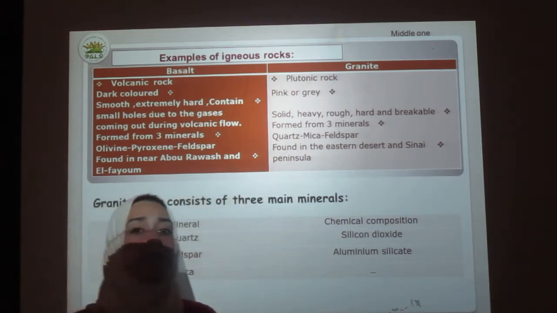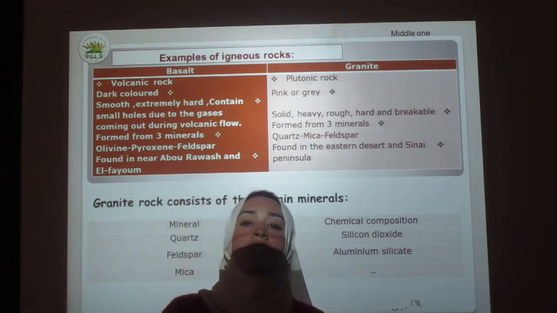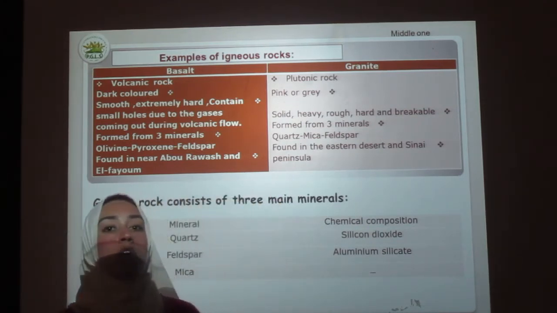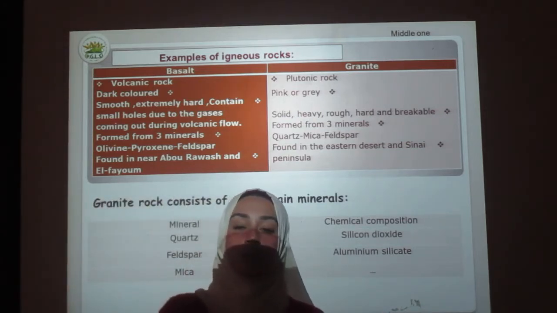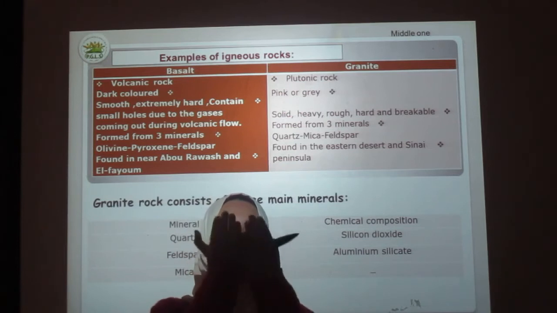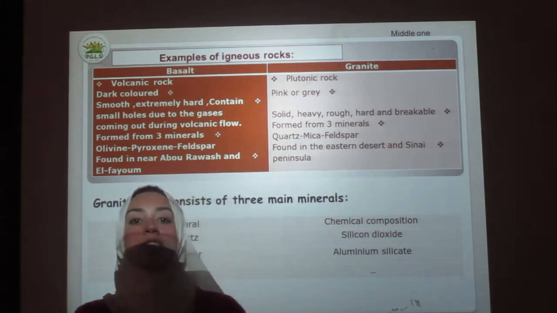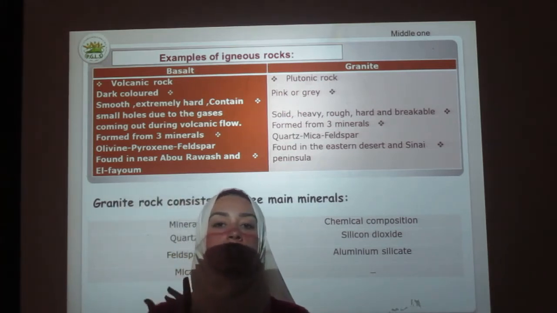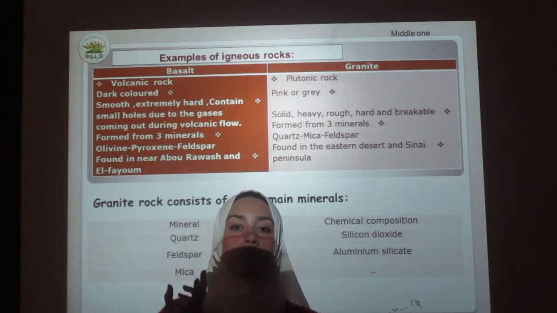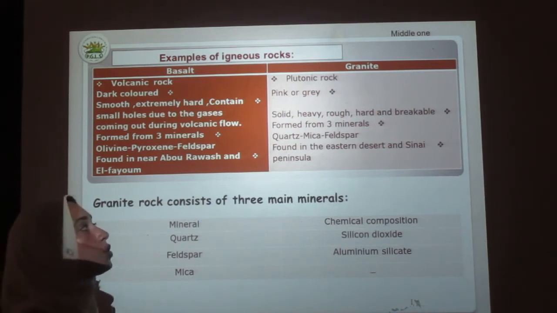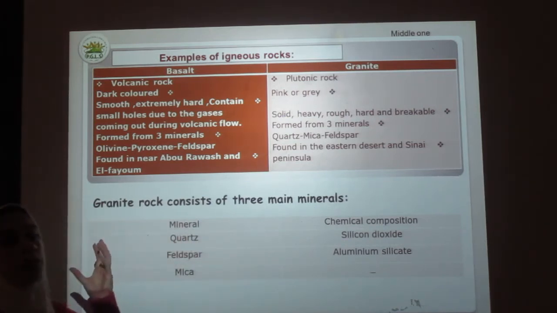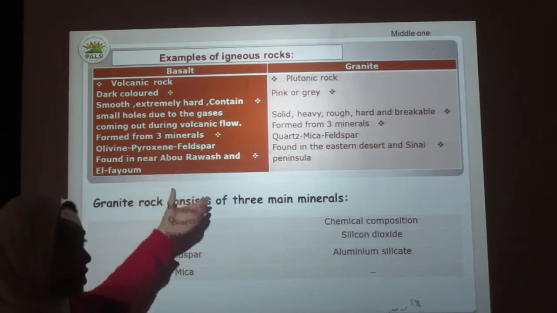In the last video, we talked about the igneous rocks, and we said that they are hot rocks that come from beneath the earth's crust and come over the earth. They are considered a solidification of liquid or hot rocks. We divide them according to the formation into 2 types.